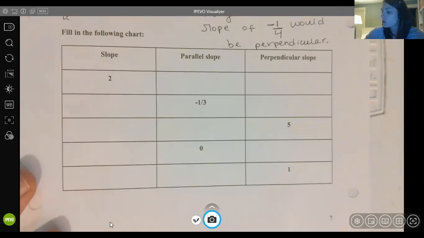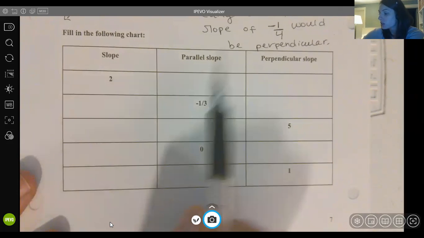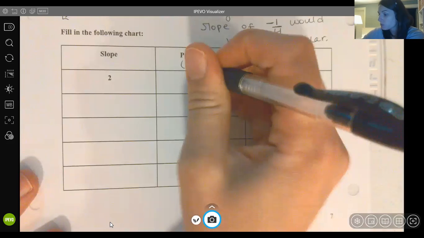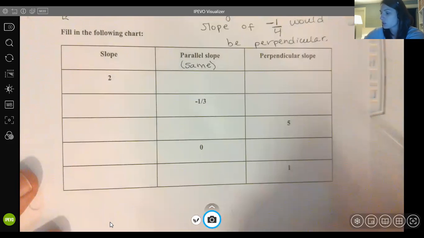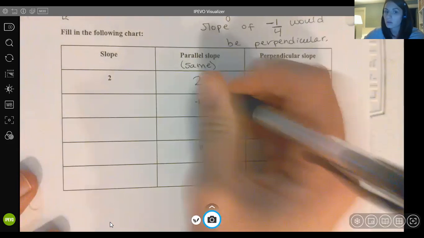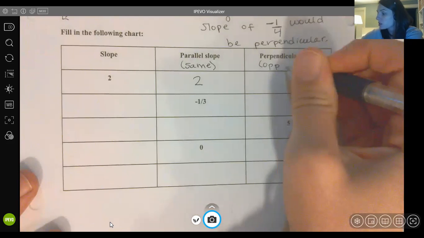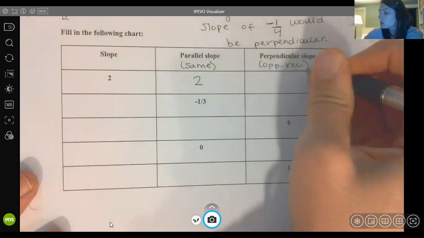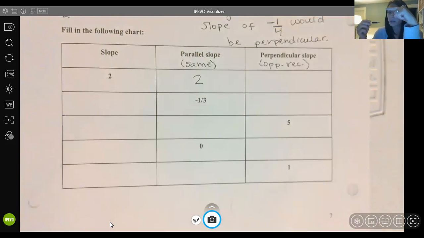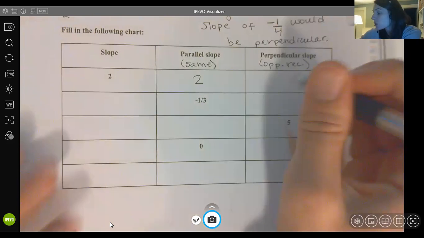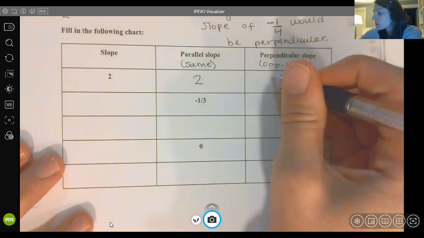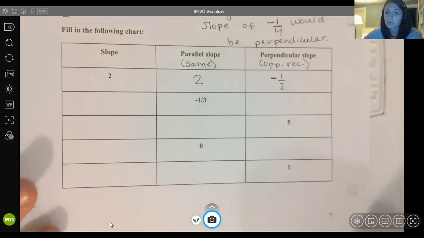If my original slope is 2, my parallel slope is going to be the same as the original, so also 2. My perpendicular slope is going to be the opposite reciprocal, which means 2 is 2/1, flip that, it's 1/2, and opposite, so change the sign.